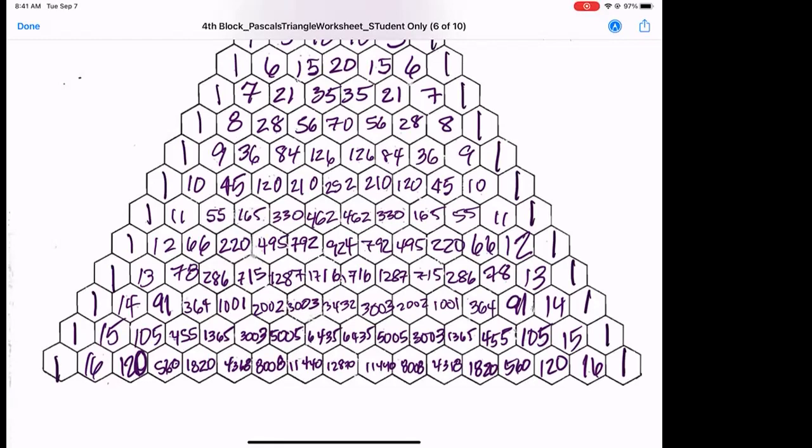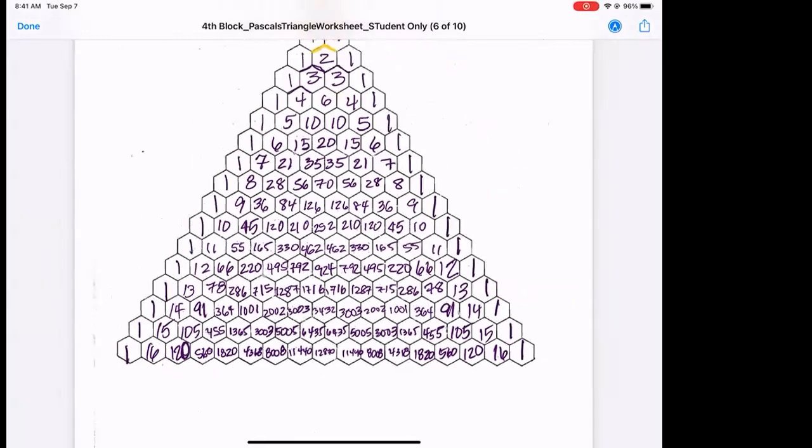Those are the coefficients, so like when you say we have a squared equals 2AB minus b squared, that's the 2 at the top. All right. Okay.